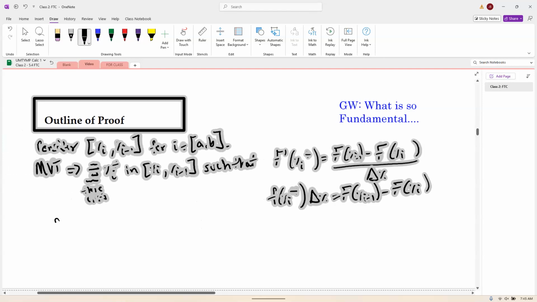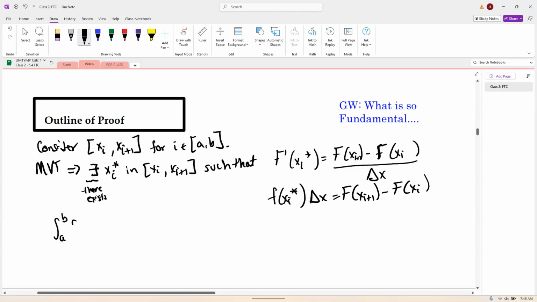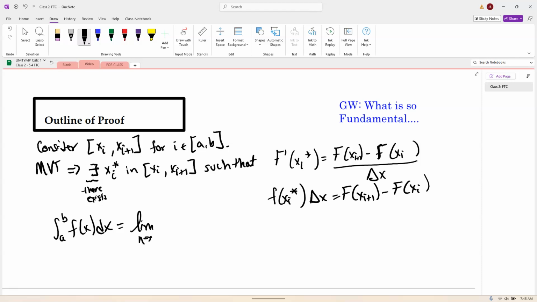Now, if we look at the integral from a to b of f of x dx, we know that this is the limit as n goes to infinity of the sum from i equals 1 to n of f of xi star delta x.